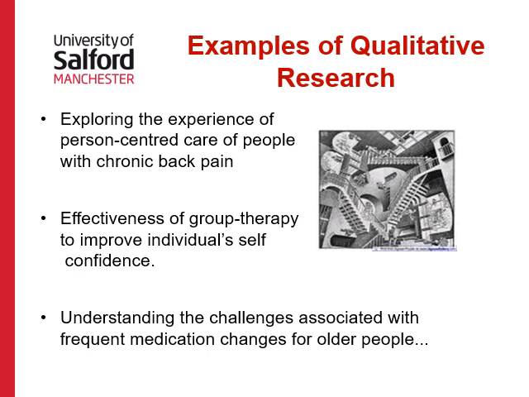And finally, if we were trying to understand the challenges associated with frequent medication changes for older people, we would need to speak to those people. We need to explore how they felt, how they experienced those medication changes to try to understand what factors could help them better manage this.